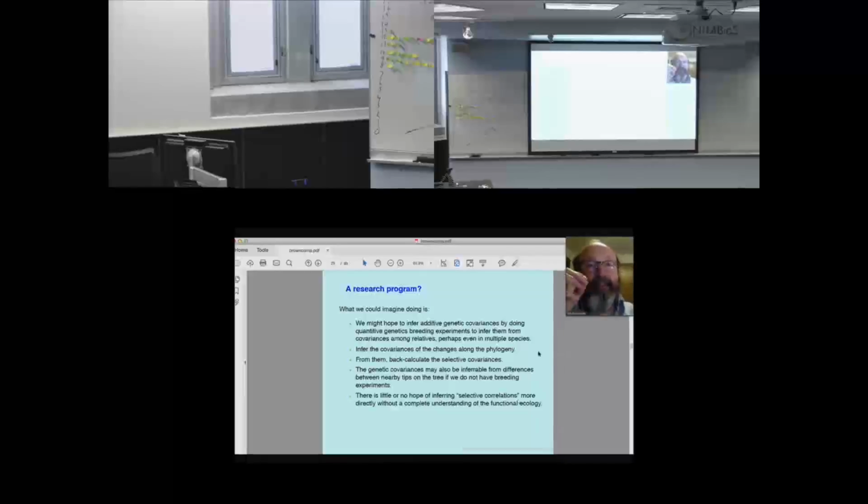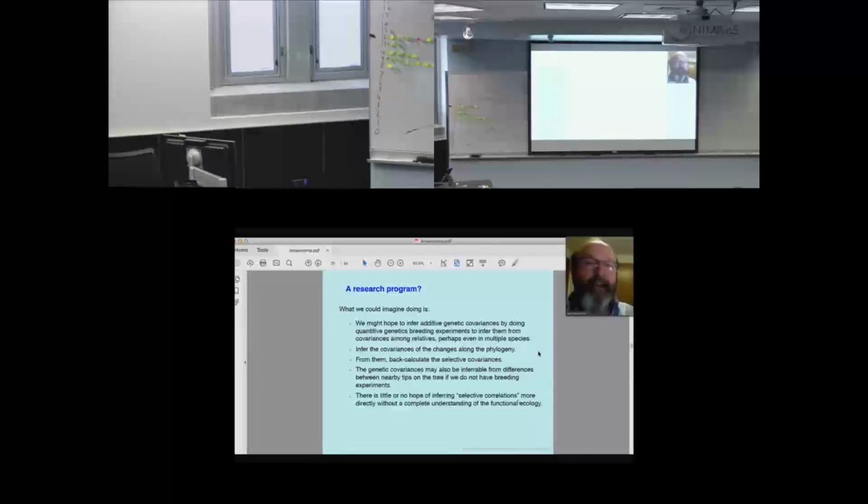Well, if you know the G matrix, and you know the covariation of the selection response, you could think about back calculating and inferring the selective covariance indirectly from the observed differences of species and from your G matrix. So it would be those selective covariances that you would have to have in order to get the results you got, given the quantitative genetics.